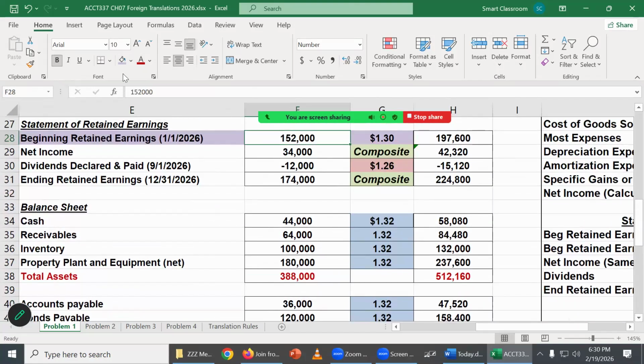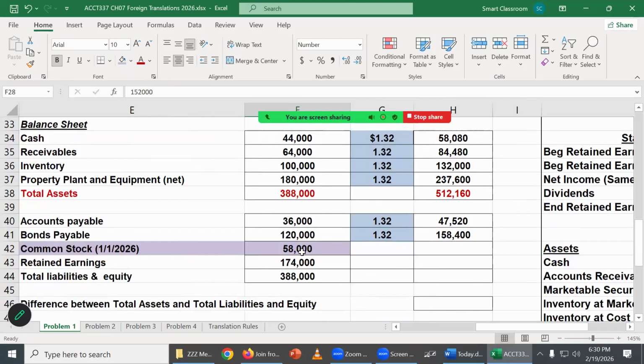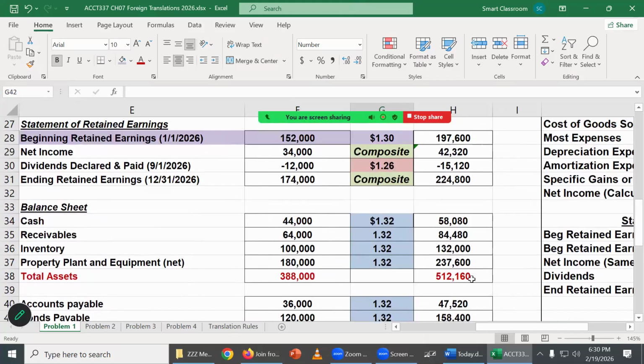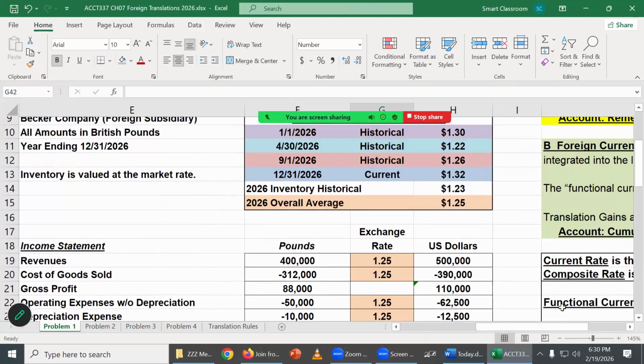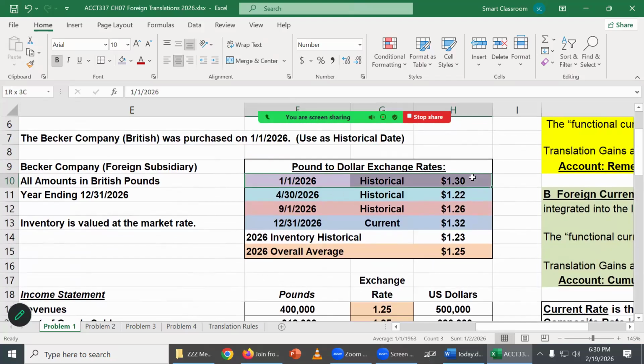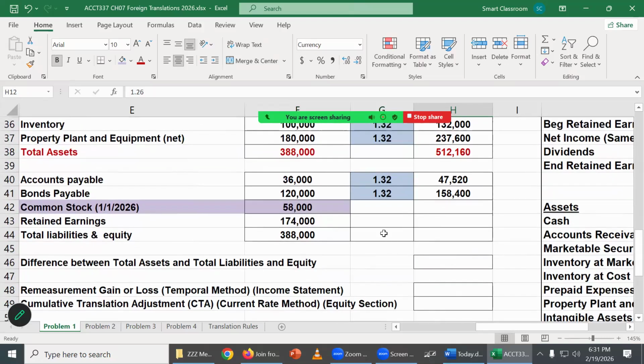We basically bought 152,000 of beginning retained earnings in pounds, and we had common stock of 58,000 in pounds. So these are all going to go back to the historical rate, the first day of the company. We got the stock and retained earnings at 1/1/2026. So those are going at 130.